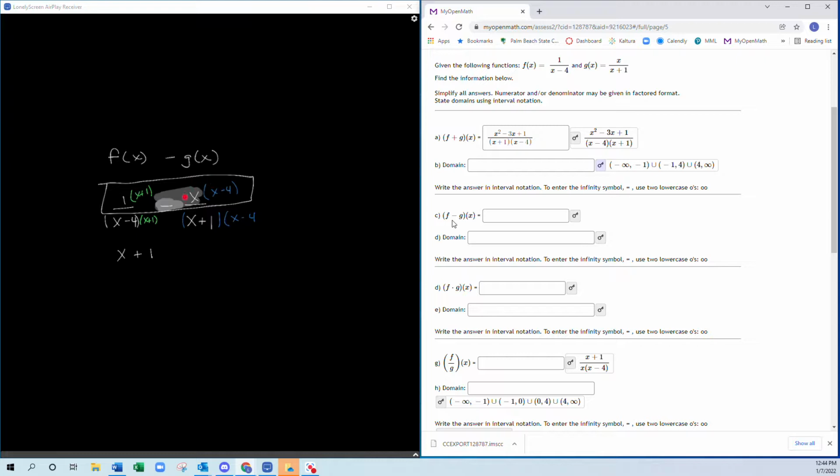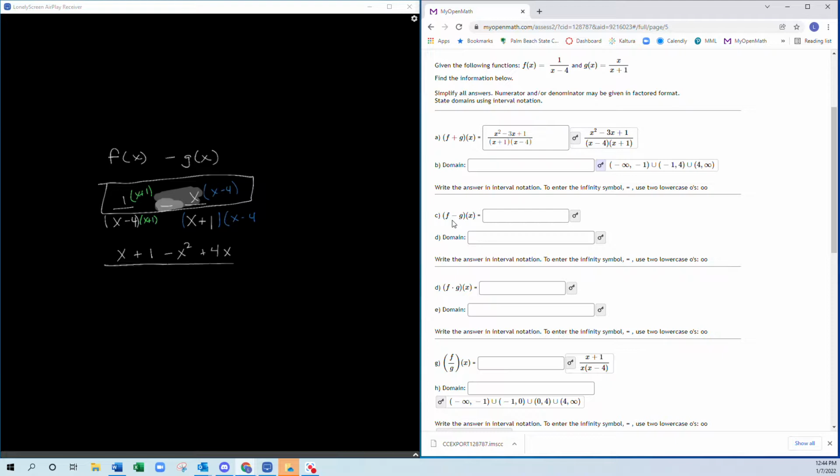So I treat all of the negative and the x as one piece, and I multiply it times x. So that gives me negative x times x, which is a negative x squared. And then the next one gives me negative x times a negative 4, which gives me a positive 4x.